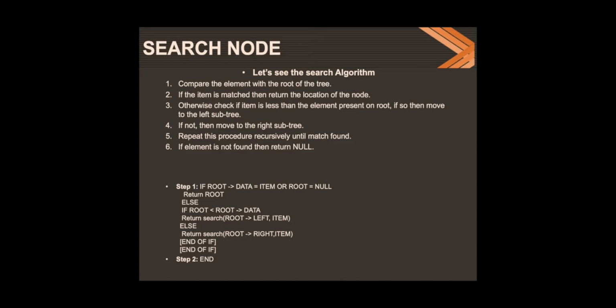If so, then move to the left subtree. Number 4. If not, then move to the right subtree. Number 5. Repeat this procedure recursively until a match is found. Number 6. If the element is not found, then return null.